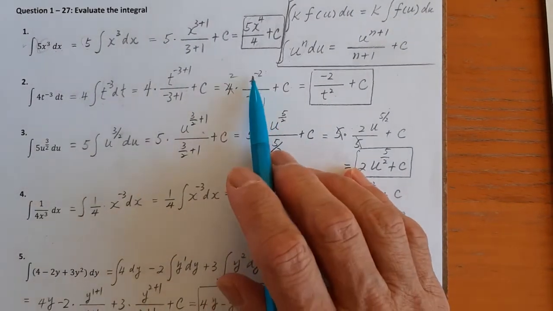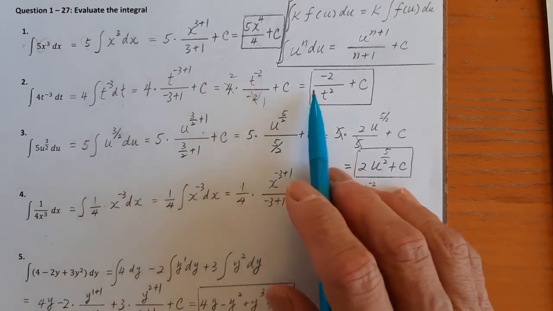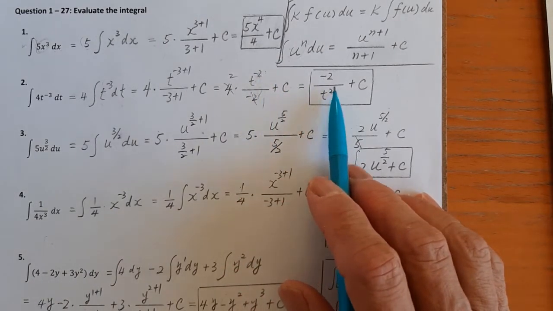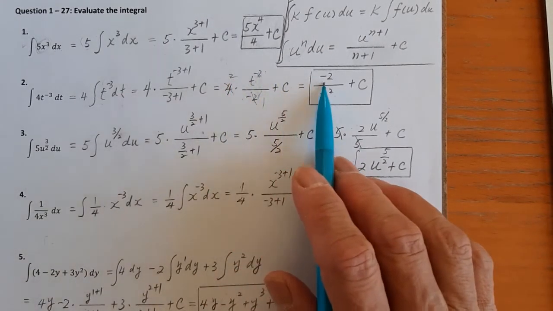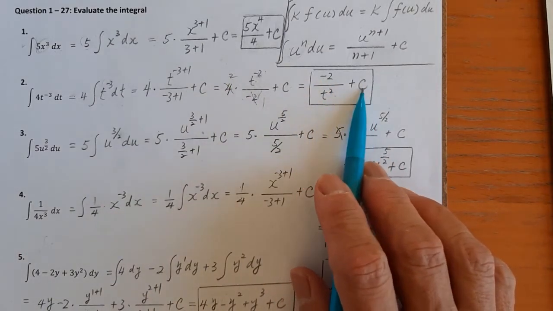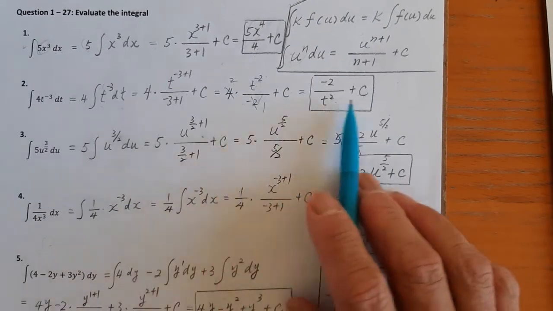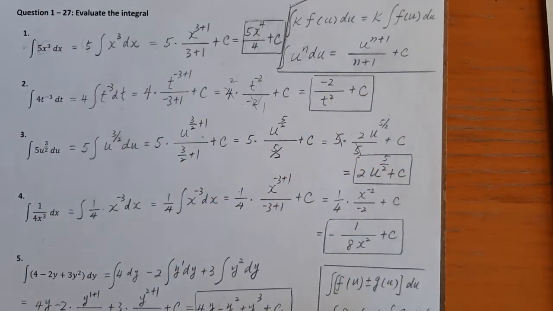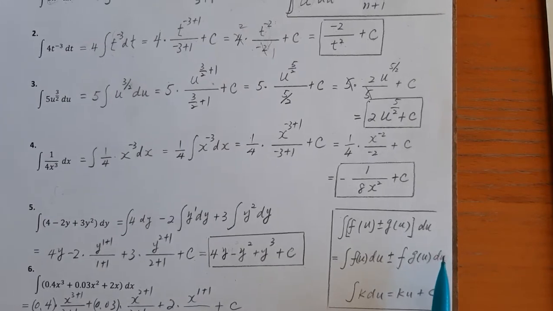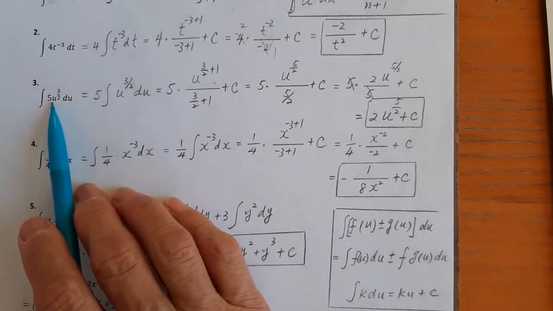So this -2, you move down to the denominator, becoming 2t to the power -2, changed to positive 2. And here the -2 is still on the numerator. Always put plus c, because c, take the derivative, is 0, so you have to put the c. C means constant.